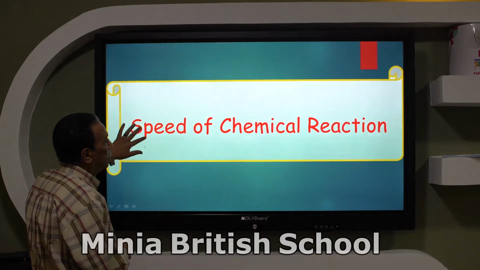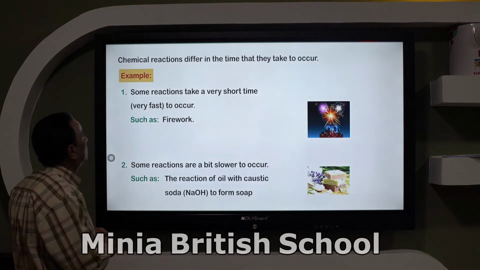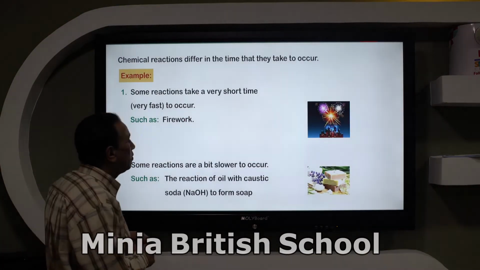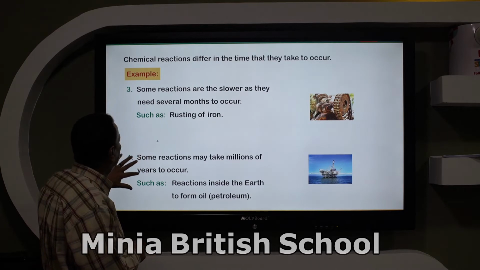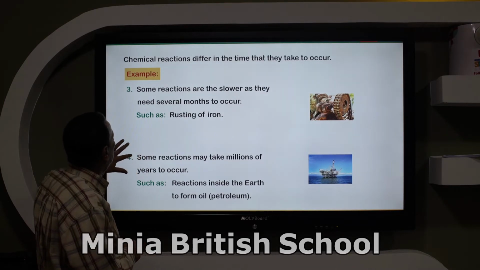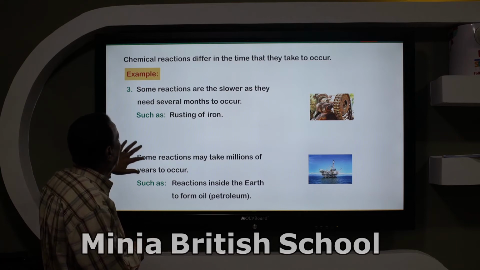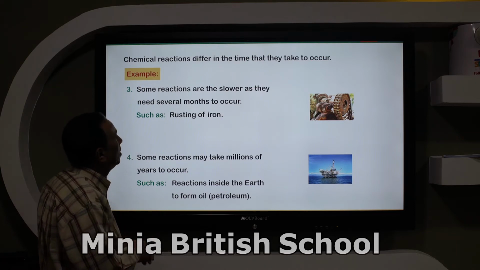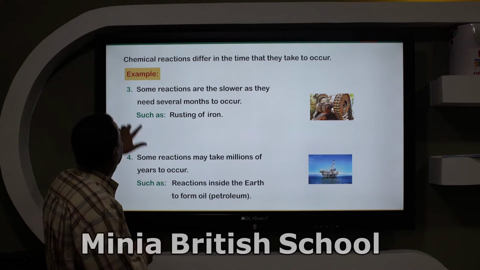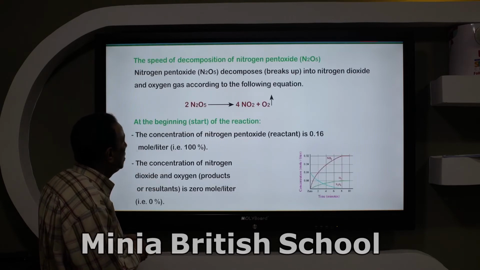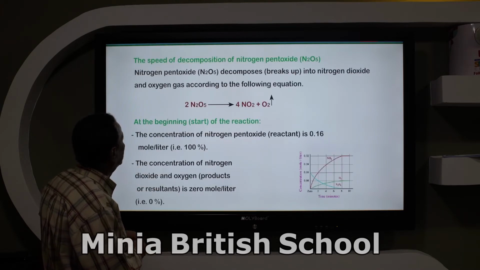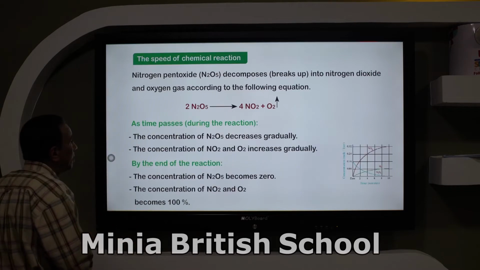The second part is the speed of chemical reaction. Speed of chemical reaction is the change in the concentration of reactants and the products per unit of time. And we have different examples for the reactions that take place slowly or fast.